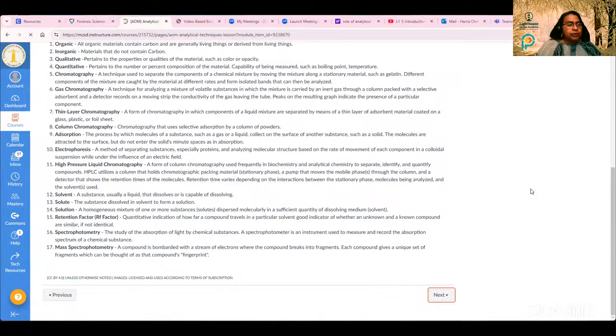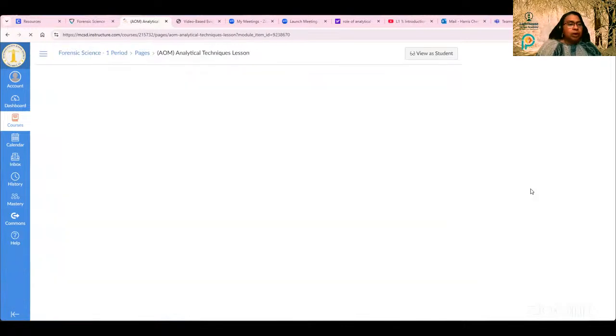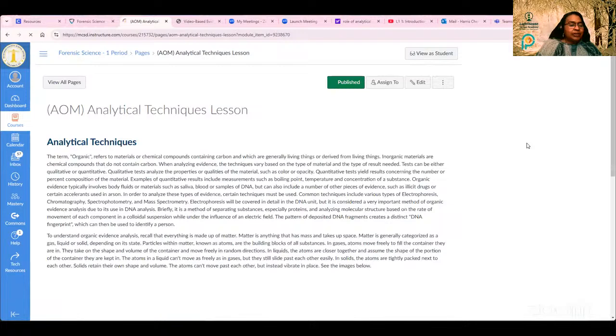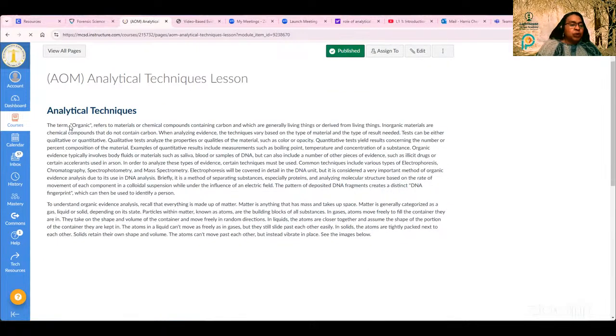All right, so we are in Canvas, and we're in analytical chemistry. There are techniques. Again, we want to look at this word organic.